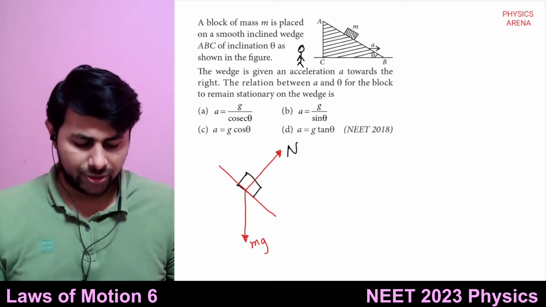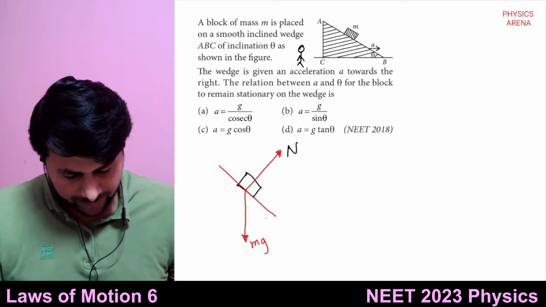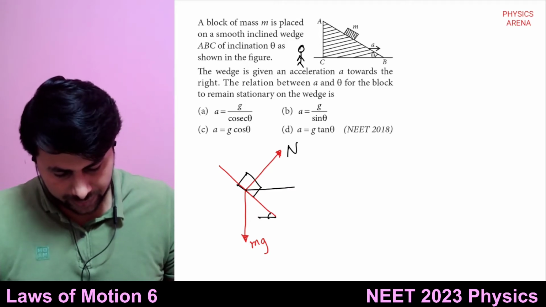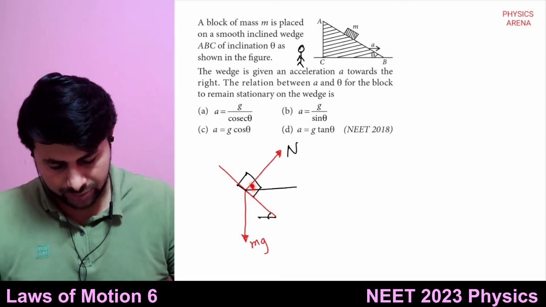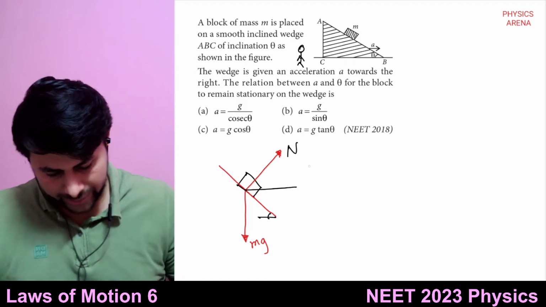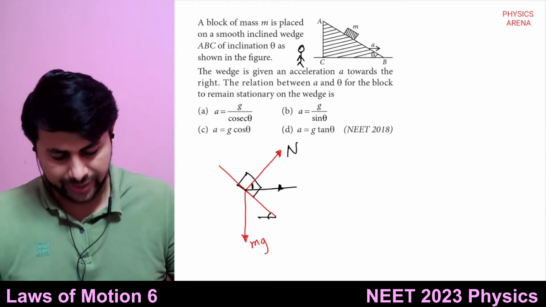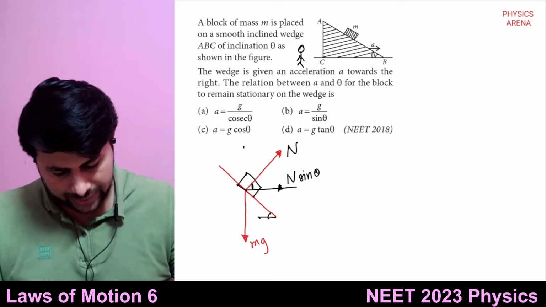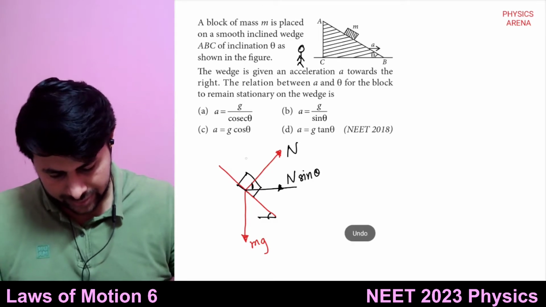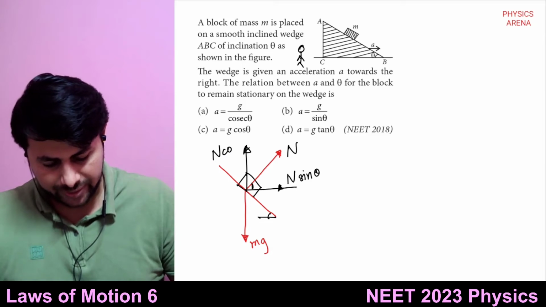So you can resolve the normal reaction along two perpendicular components. So if this angle is theta, this angle here will be theta, right? So this one will be 90 minus theta. Okay, so therefore this component is equal to what? Because this is 90 minus theta, it is n sine theta, and this component will be n cos theta.